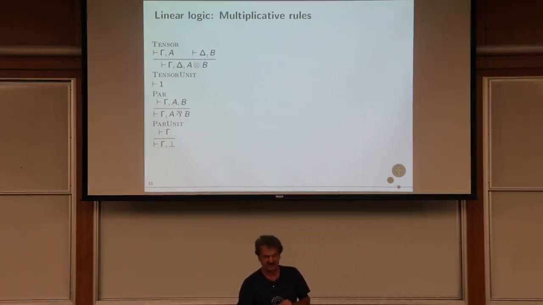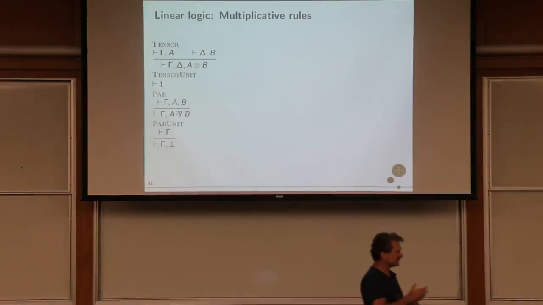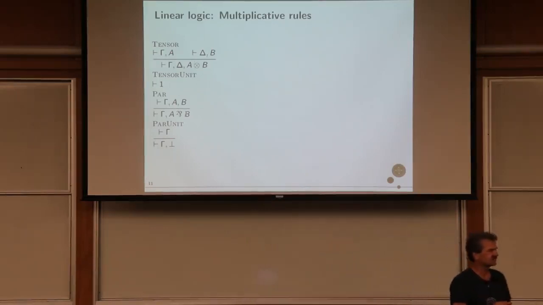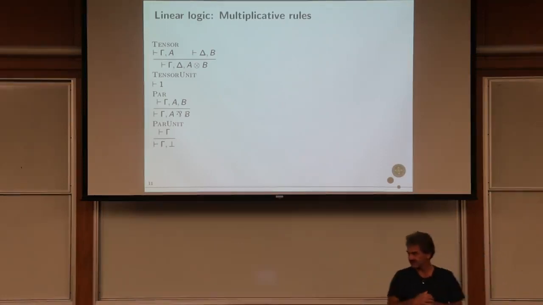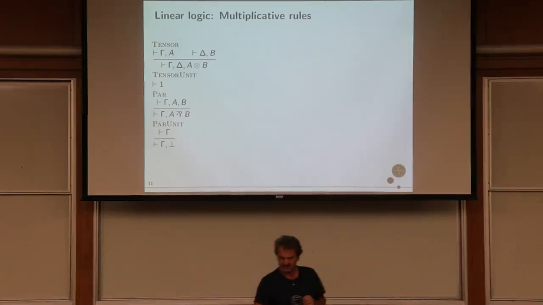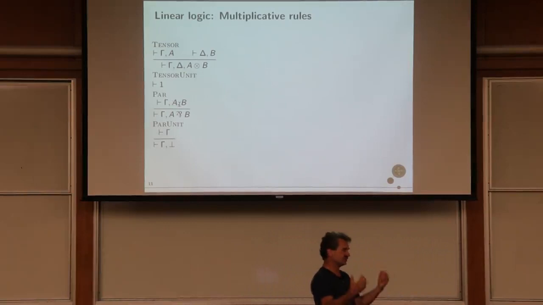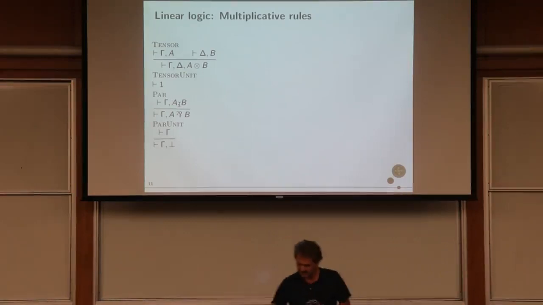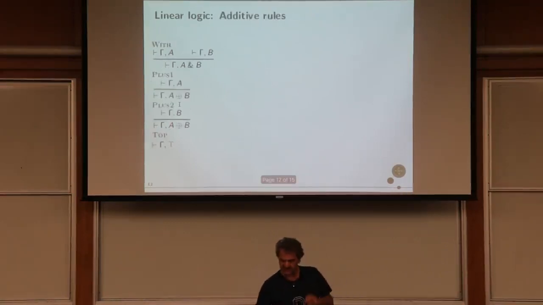And then the par basically says I have a full choice between A and B, so either A holds or B. We just represent the comma up here as a par, we internalize it. Par unit, I won't go into those. And then there are also the additive rules.